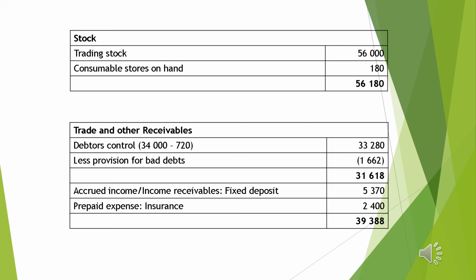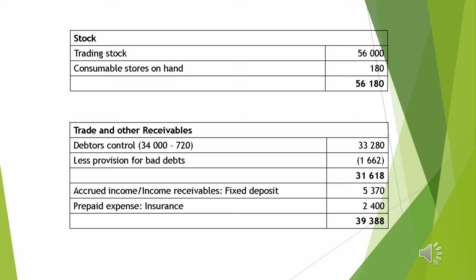It is a liability, which we refer to as income received in advance for the receiving party. But to the paying party, we call it a prepaid expense, because we have paid more than what we were expected to pay within the financial year. We have paid more than what was due, limited to the financial year. That particular amount was as a result of an insurance.